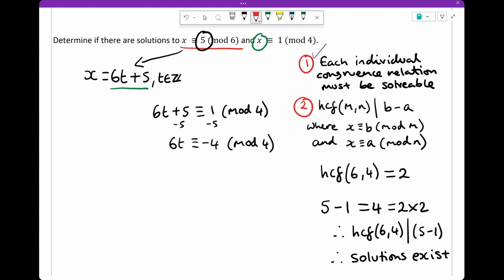Now what we usually do next is try to get the numerical value multiplying the t and the numerical value on the other side to be the least positive residue. From the 6, we can subtract 4, our mod, so we would get 2t is congruent to, and for our negative 4, if I add 4, I get 0, which isn't technically positive, but if I add 4 again, we're equal to the mod.